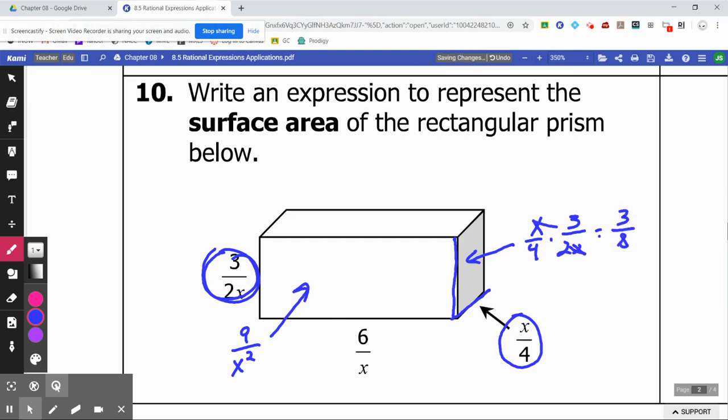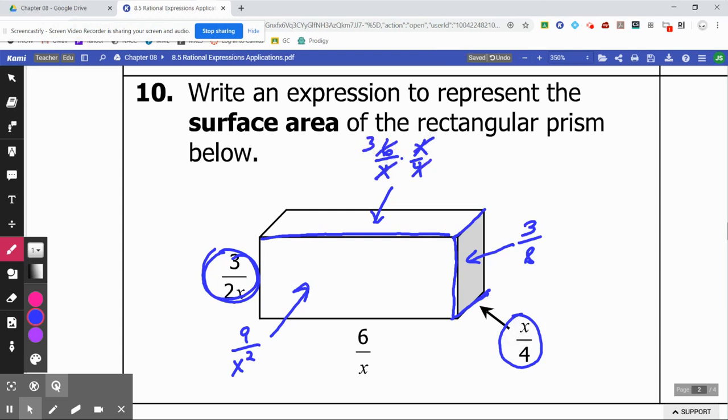So let's go ahead and erase, and the area of the right side will be 3/8. And then you have the top side. The width here would be 6 over x, and then it is this far deep, so that's x over 4. So we're going to do 6 over x times x over 4. The x's cancel. The 6 and 4 reduces to a 3 and a 2, so you get 3 halves.